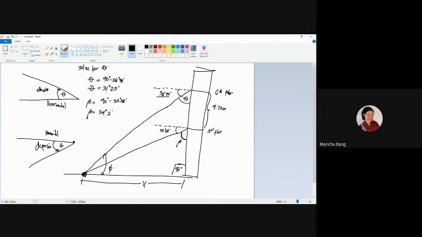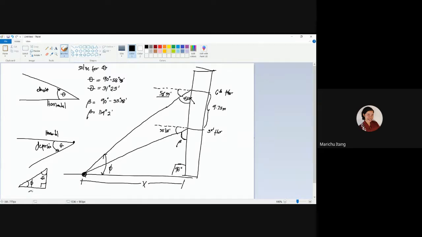What is phi? So phi we just subtract from 90 and our theta, since this is a right triangle. This is our phi. This is 90 degrees. And this one is our theta, which is equivalent to 31 degrees 25 minutes.